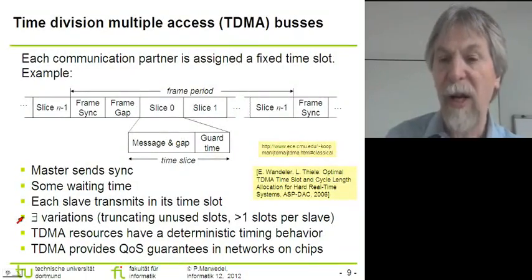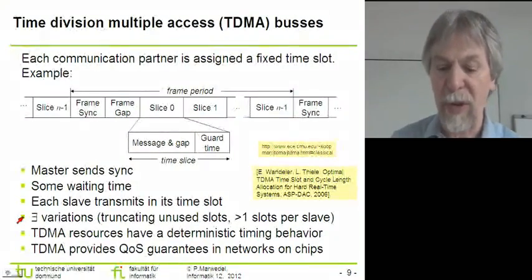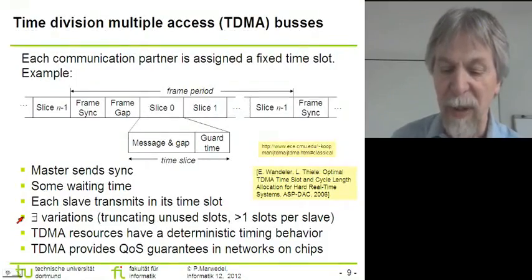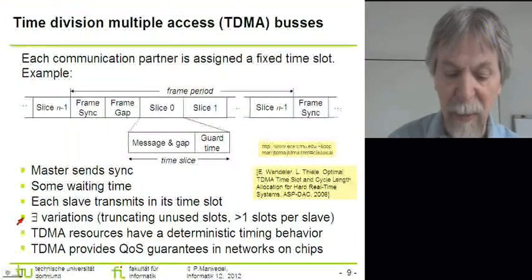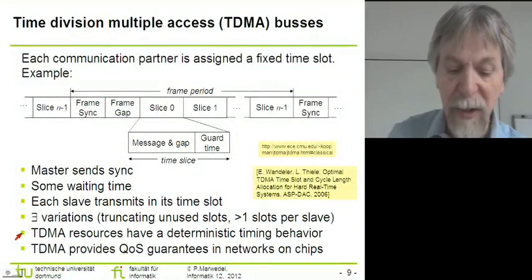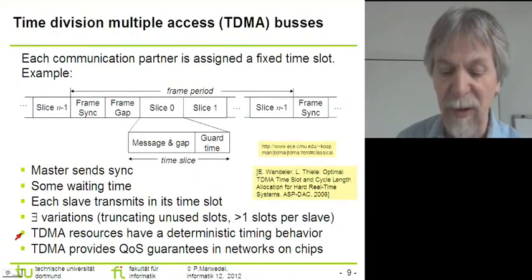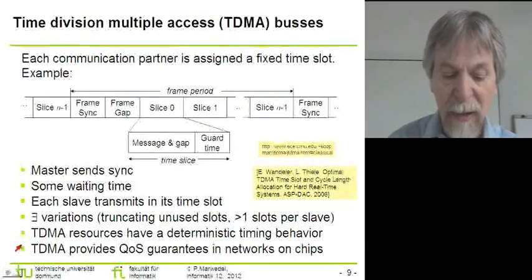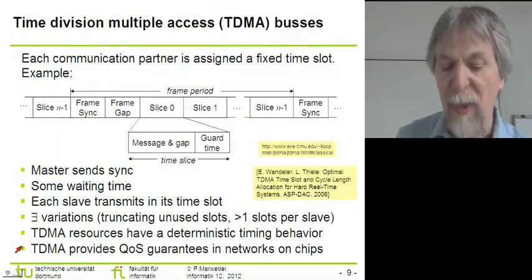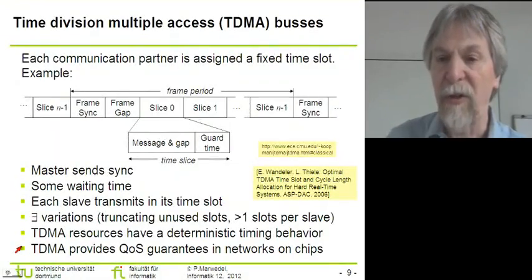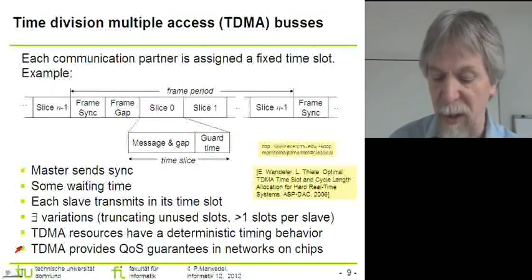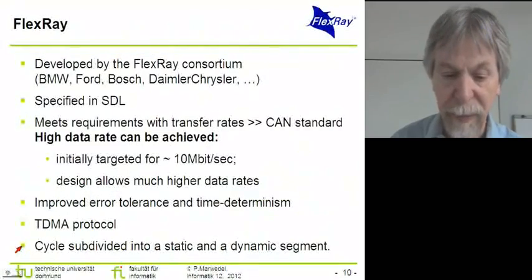We can also allow for slaves or communication partners to be allocated more than a single slot, so that in this way they get a higher bandwidth. In general, these TDMA-based buses do have a deterministic timing behavior, and they are also used, for example, in networks on chips where we have to guarantee a certain quality of service.